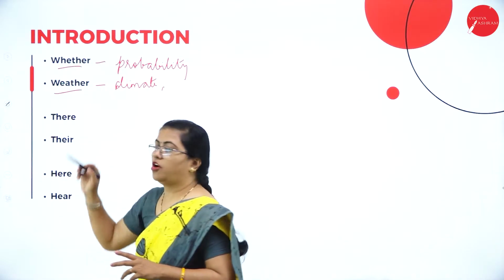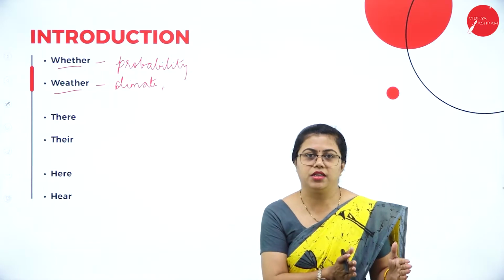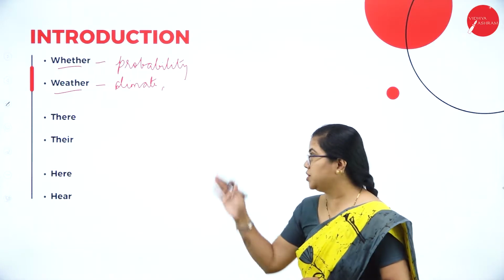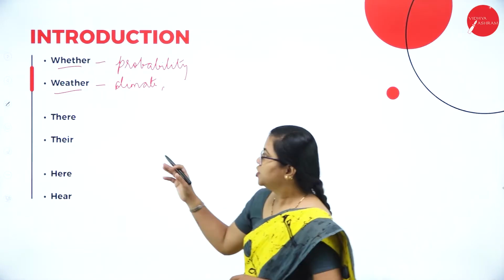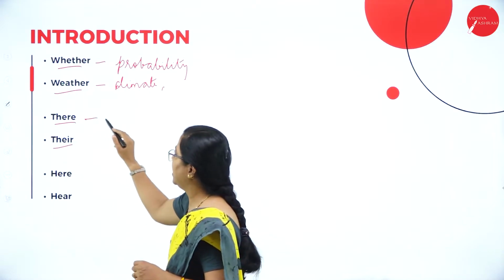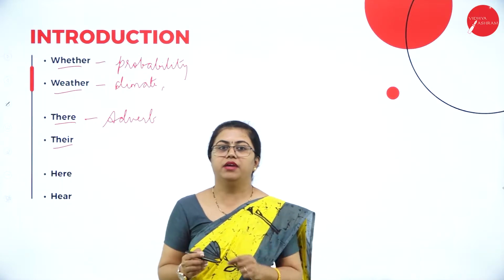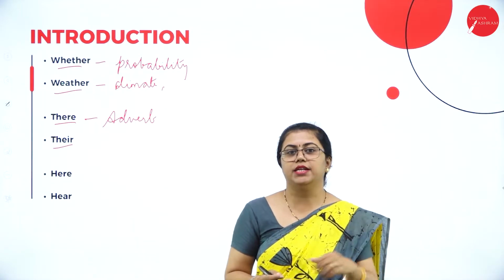Many a time you might have got confused, maybe not recently, but when you were at a very young age, or many people get confused even now at this stage. You might have also come across this there and their. This is an adverb which tells us about the place. I have kept the books there, showing a place and talking about it.